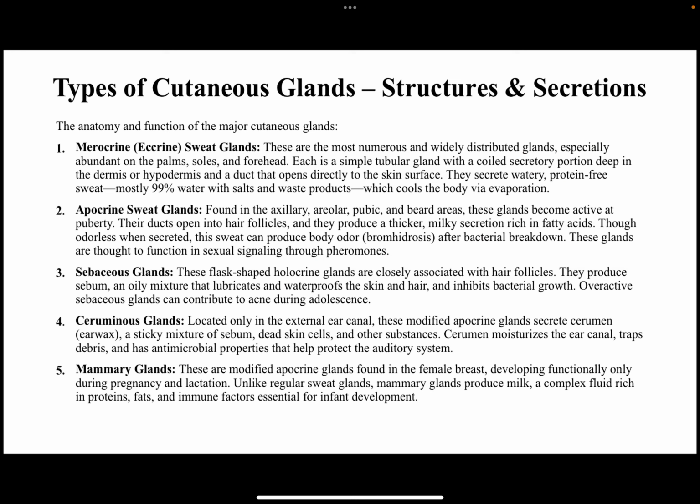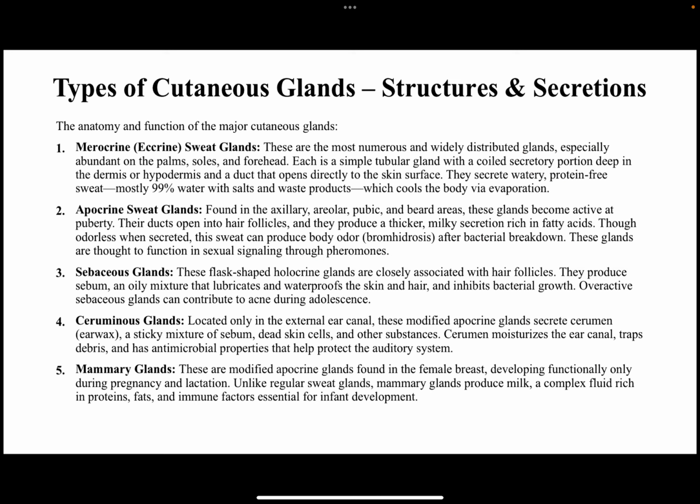So we have the merocrine glands. Let's look at the diagram over here. The merocrine glands are the most numerous and widely distributed glands, especially abundant on the palms, the soles, and the forehead. They are the merocrine or eccrine sweat glands.